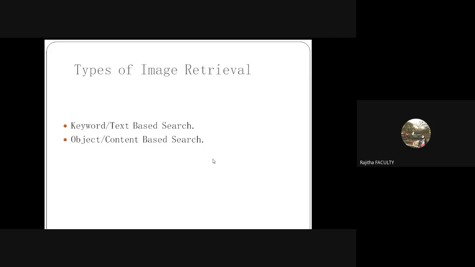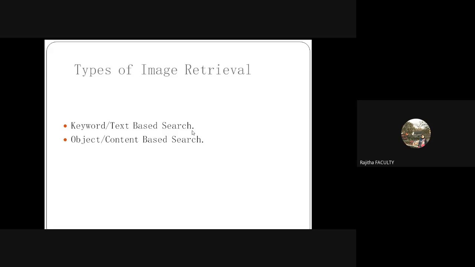Text-based searching is what you do on general Google. But if I talk about object-based searching, in the same Google image search there is an option to drag and drop an image which you want to search for.